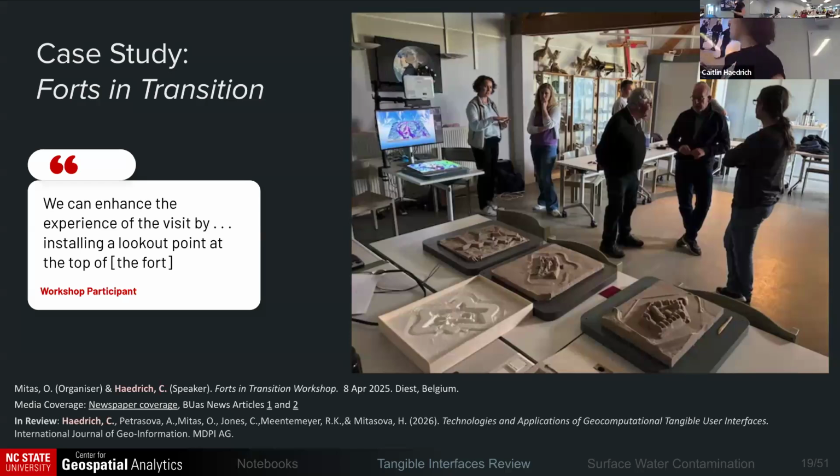And this is a quote from the local paper that was covering the workshop. One participant felt that they learned that if they installed a lookout point, that might help attract more visitors and enhance their experience. And we have a publication under review that talks a little bit about it, and there's also some media coverage.